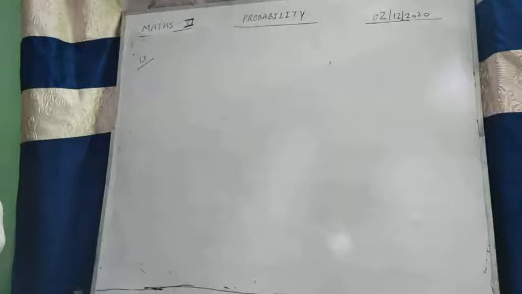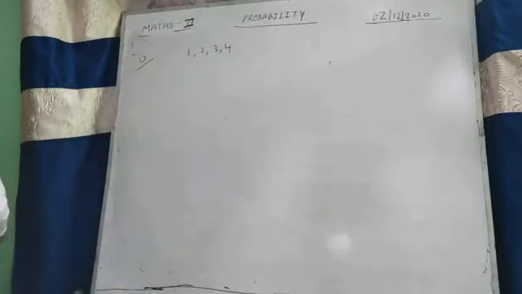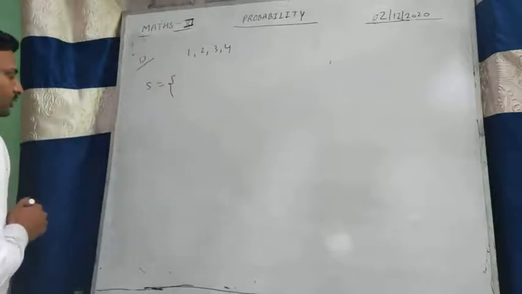Describe the sample space for the experiment. So the numbers 1, 2, 3 and 4 are written on the slips. A person draws 2 slips, so what will be the total number of possibilities?